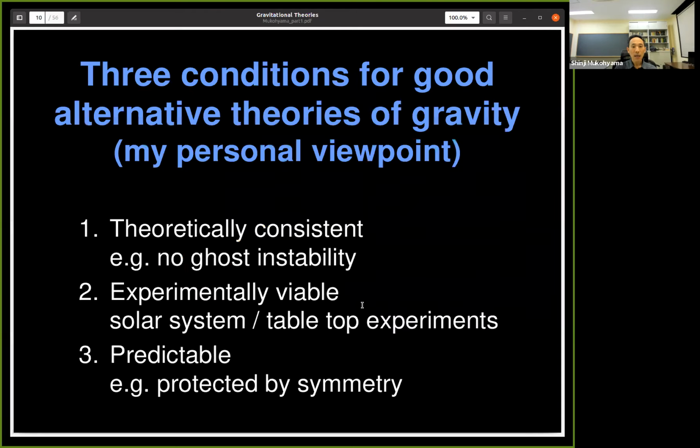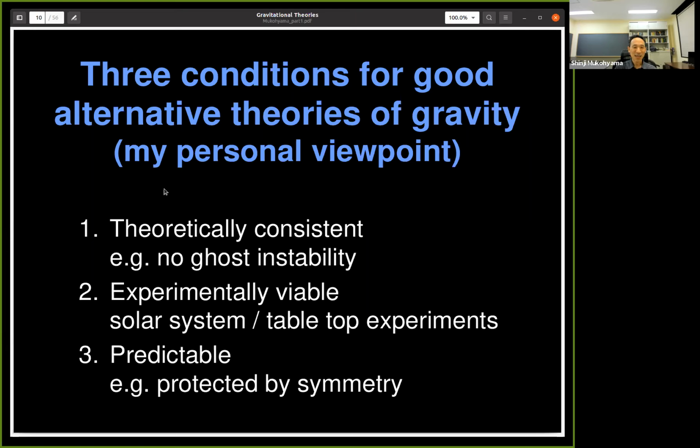There are actually many theories that modify GR, so I think we need some criteria for good alternative theories of gravity or modified gravity. This is my personal viewpoint, and you may have different opinions, but I think many of you agree. If not, let me know later.